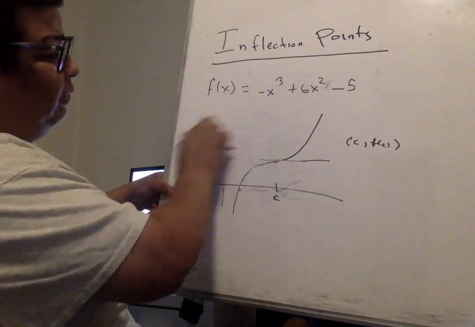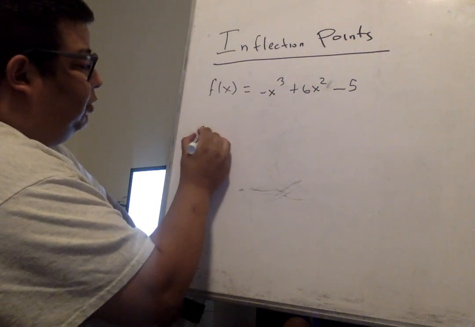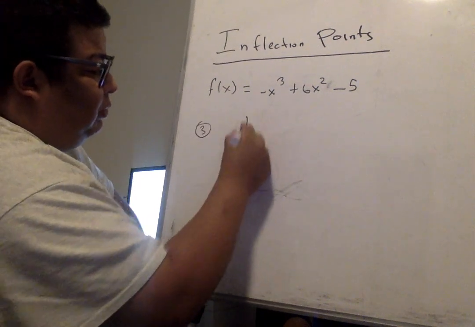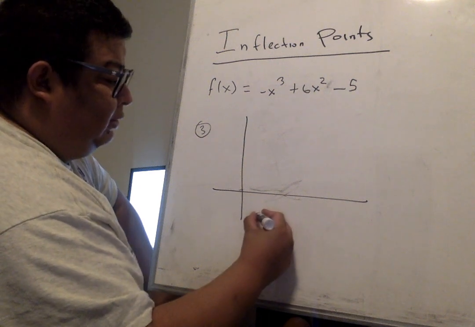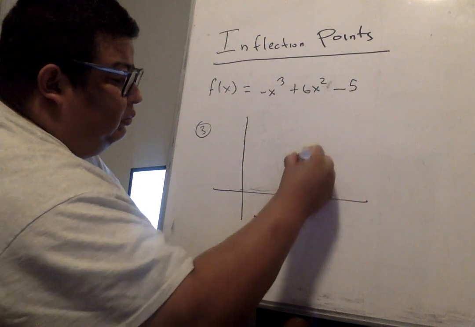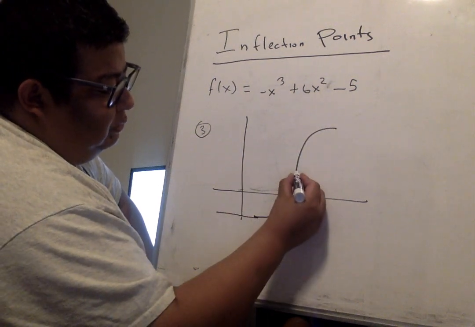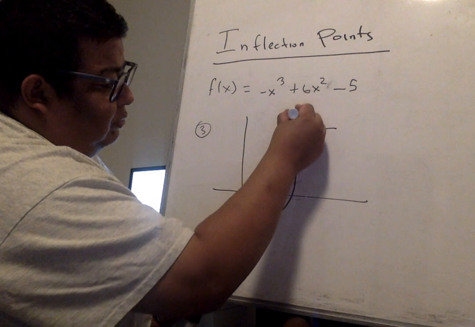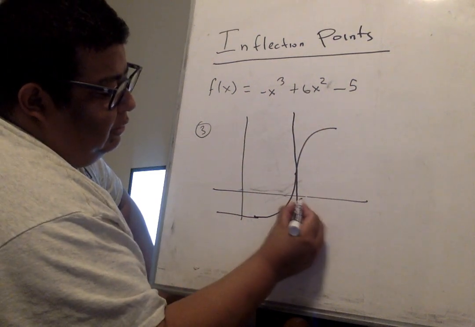So the last type that I'm going to show you is when you have your graph and then there is a sudden switch here. So the tangent line is vertical. So this is your c.